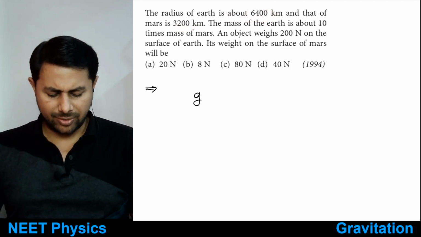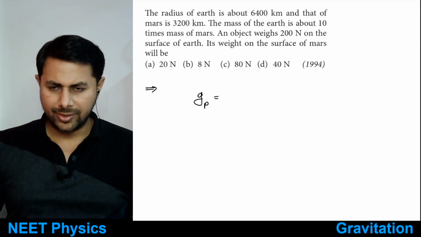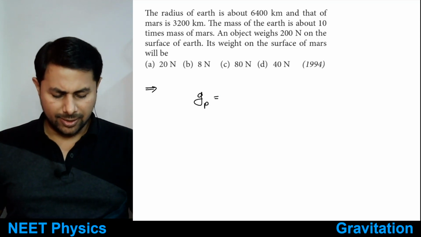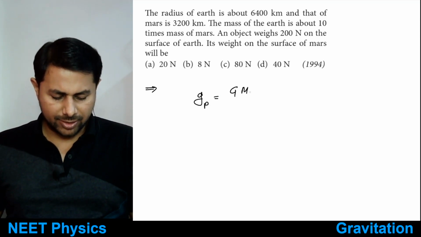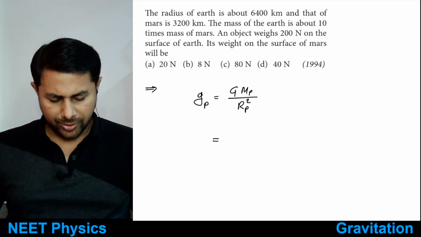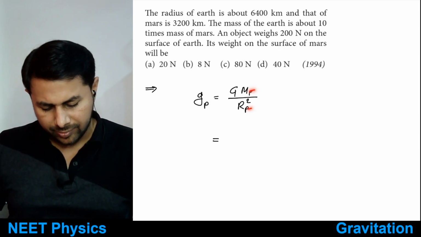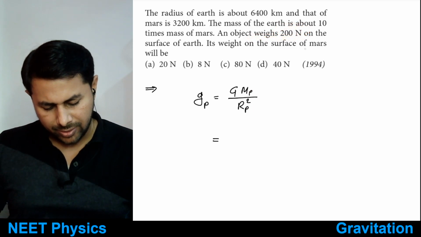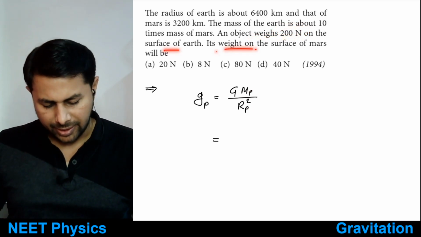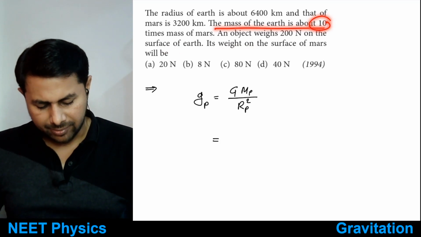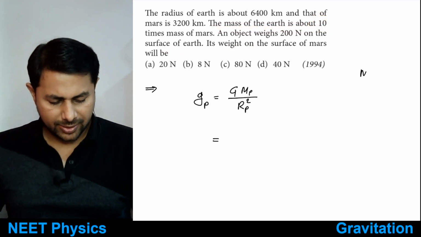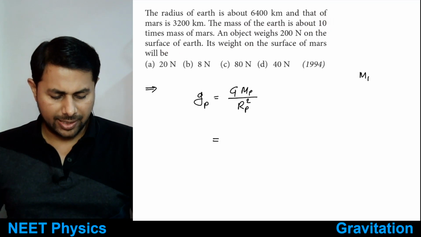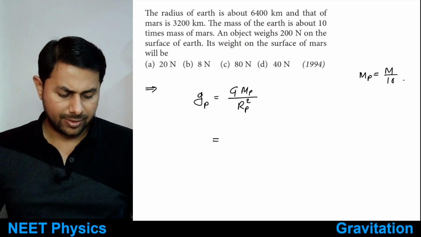So we just need to find out the acceleration due to gravity on Mars, a planet. You have G times mass of planet divided by radius of planet square. The mass of earth is 10 times the mass of Mars, so the mass of the planet is M by 10, right?